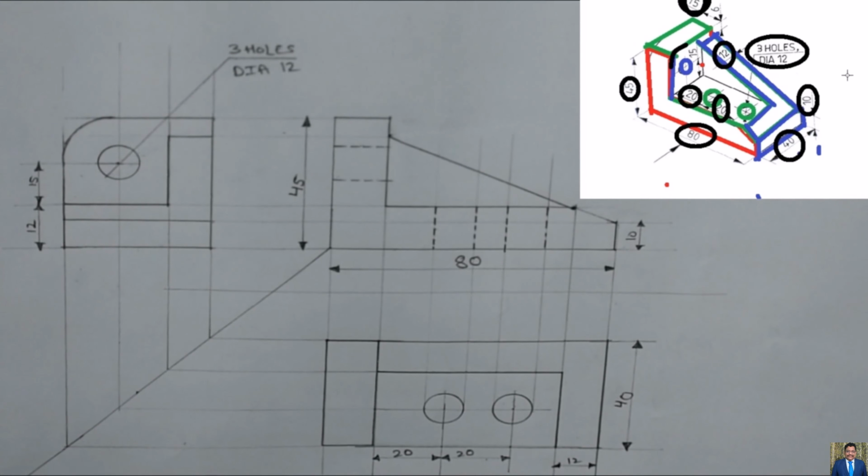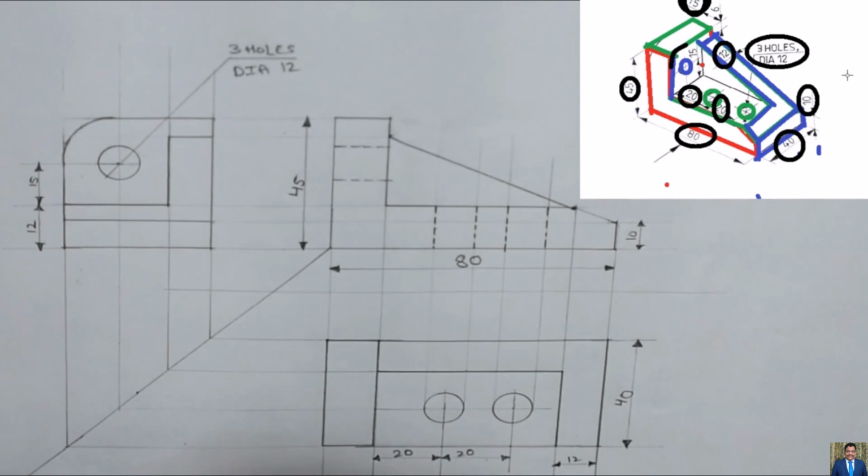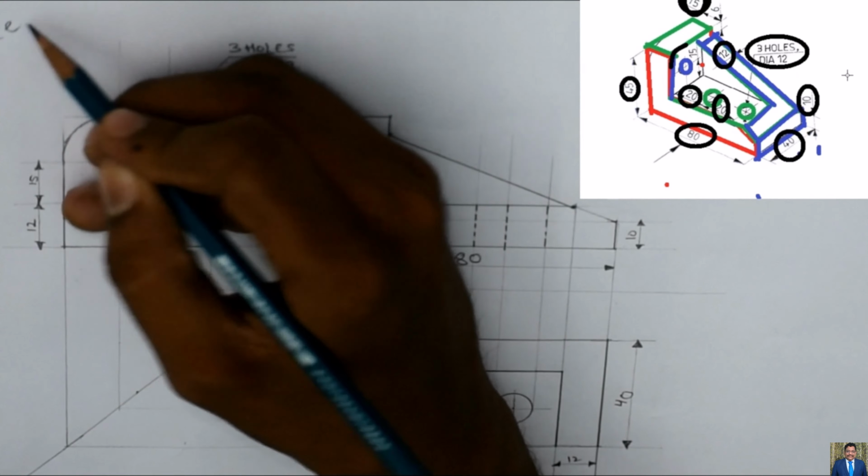Hence this diagram looks like this after dimensioning. Hence our exercise number 7 is completed.